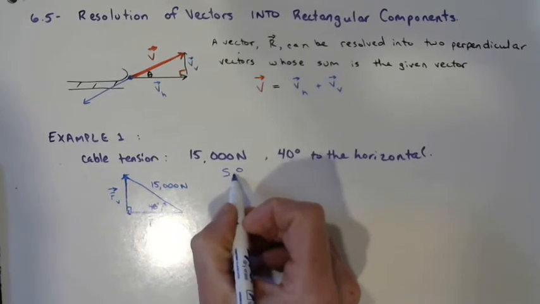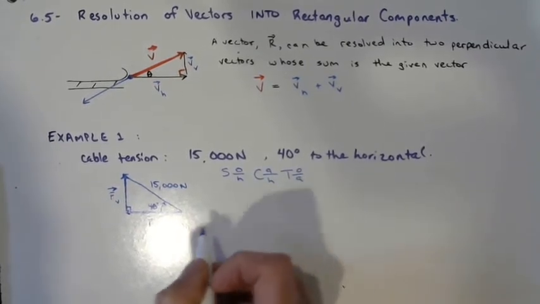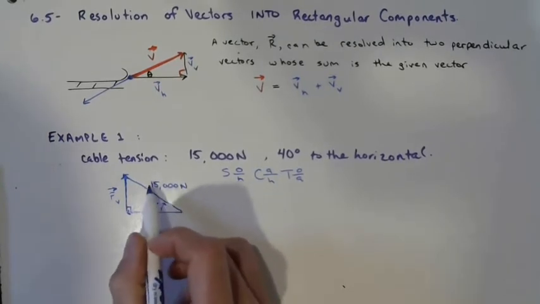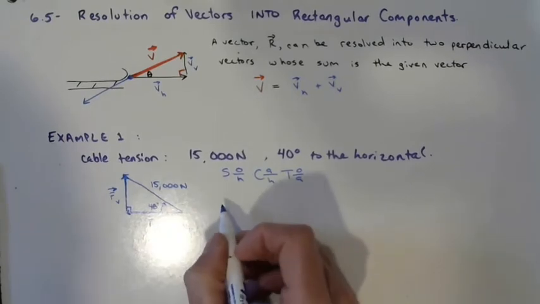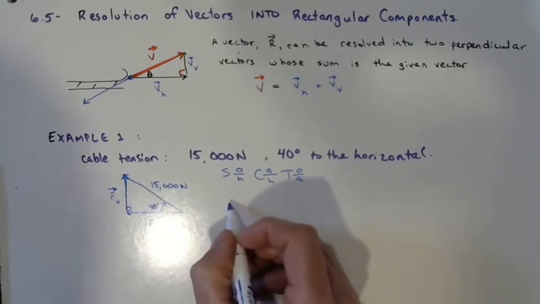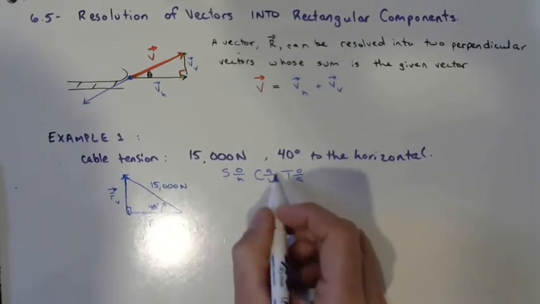I'm going to give us Sohcahtoa. We have the hypotenuse, and if we deal with the horizontal force first, then we have the adjacent and the hypotenuse. So we're looking at cosine.